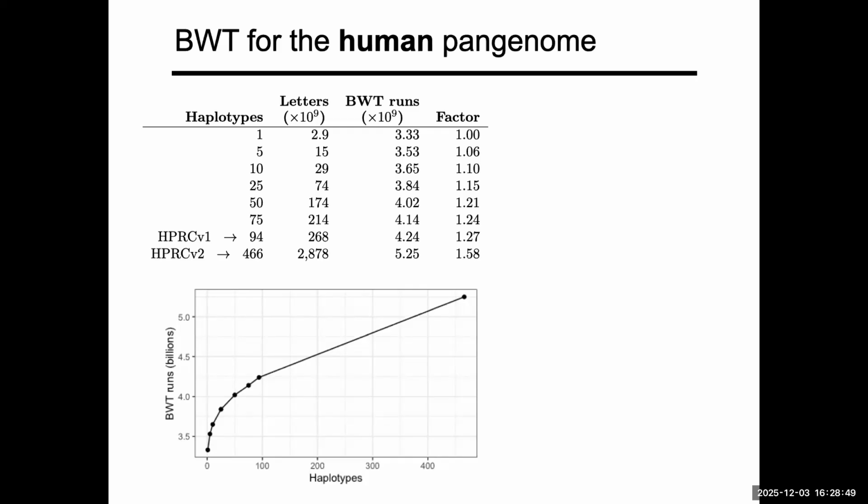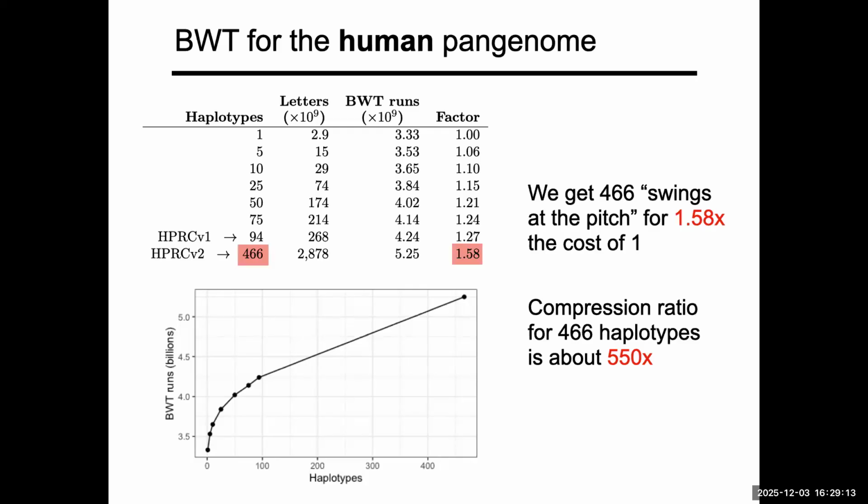Which, if you compare it to the number of nucleotides in all those genomes, means this is only about 1.58 times as many runs as we would have had if we had indexed 1 genome, right? So we actually only paid the price of about a 60% larger index, and we indexed 466 times more genomes, okay?